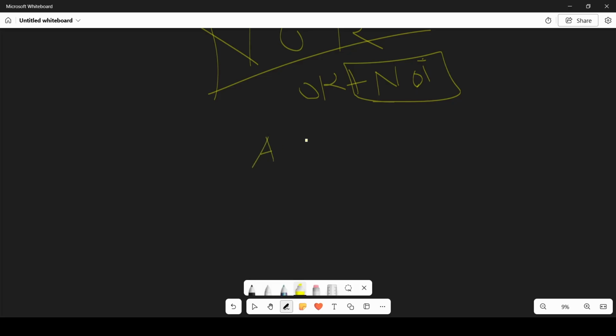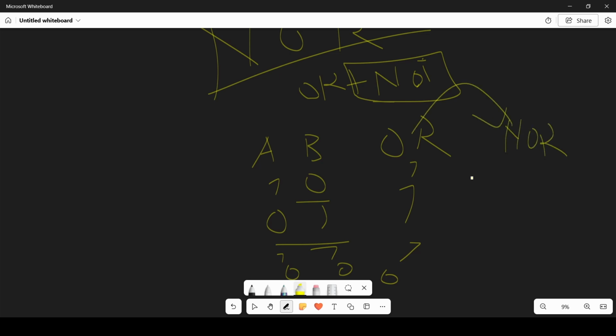Let's do it again. A and B with OR gate: 1 and 0, 0 and 1, 1 and 1, 0 and 0. 1 and 0 will give us 1, 0 and 1 will give us 1, and 0 and 0 gives 0. Now the NOR gate is basically the opposite of the OR gate.